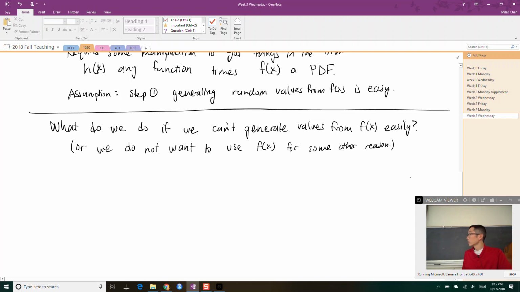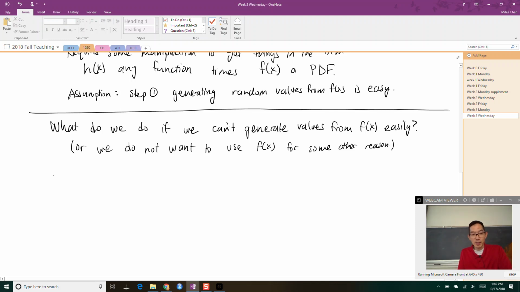Well, the answer is it's okay. Just use some other function, all right? If f of x is some crazy distribution, just say, all right, I'm going to generate values from g of x, and that's fine. But we just have to take that into account.